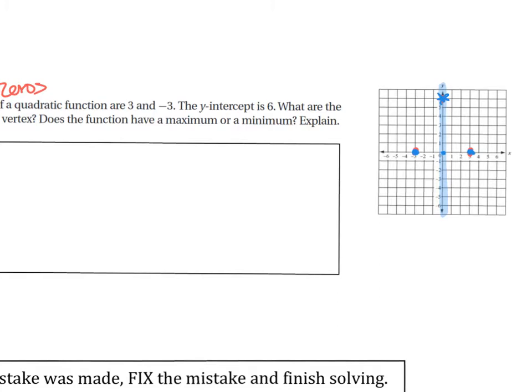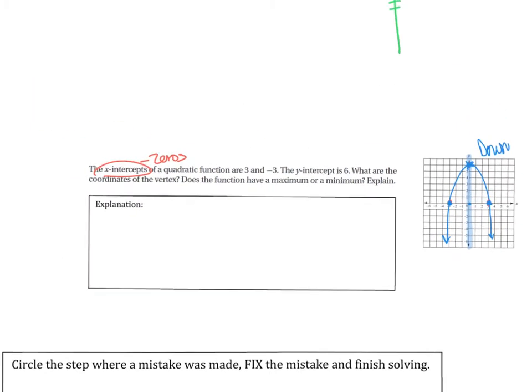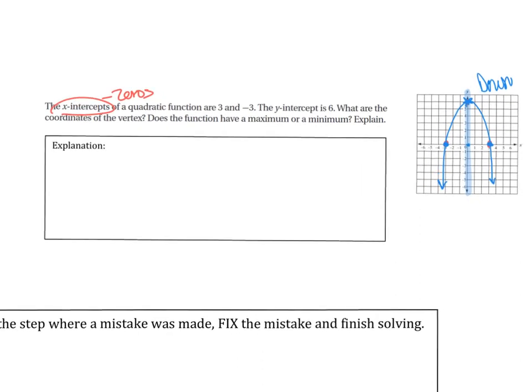And in order for that to be, this graph would have to open. So what was it? Which way? Down. Very good. Down like a frown.